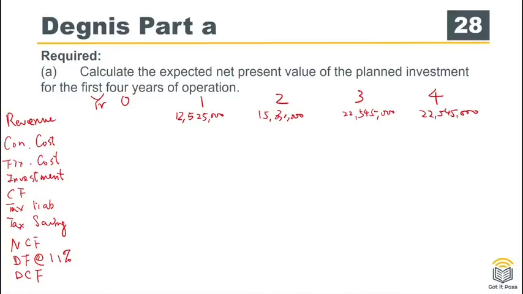For the conversion cost, the second year is 9,495,000. For the third year, 14,242,500. And for the fourth year, it's the same as the third year.